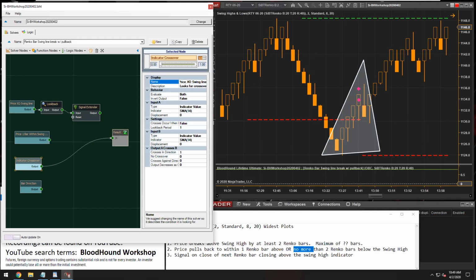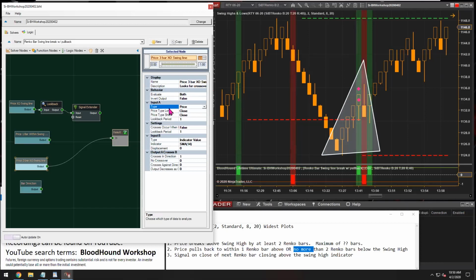And I should give this a slightly different name here. There we go. All right, so I'm looking for price to do a 3-bar crossover of the swing line. So input A, that's going to be the price.